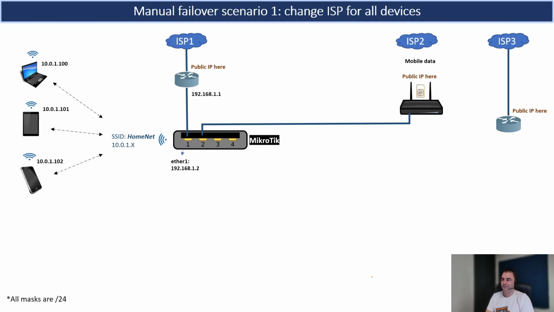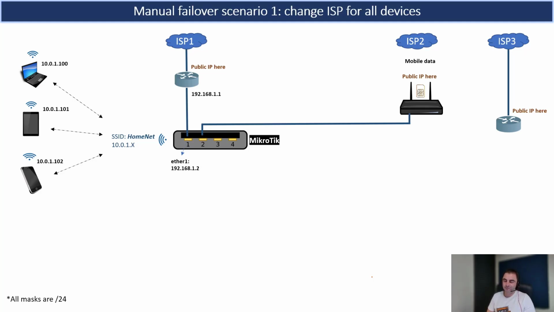I initially said it's not that good an idea because actually it's not a big redundancy because ISP1 and ISP3 are the same ISP. It's the same company, the same provider. We are just paying different contracts.